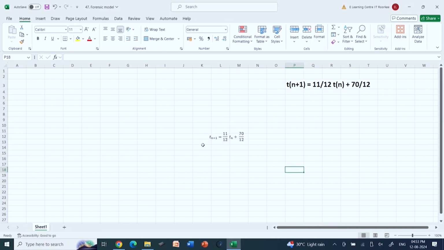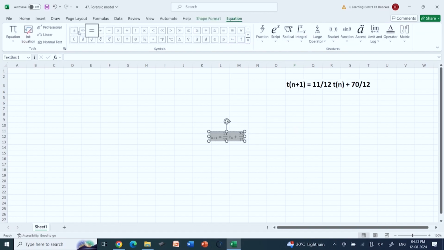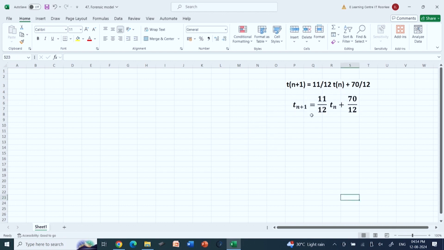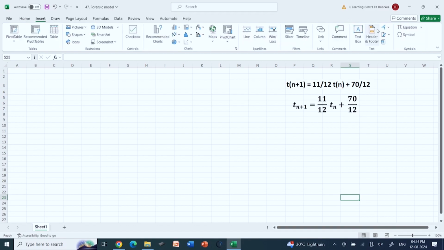So, basically this is the equation written in mathematical form. If you want to increase the font size, I can make it 20 and bold and I can put it here. So, the same equation in the mathematical form, by going to insert and clicking this equation.